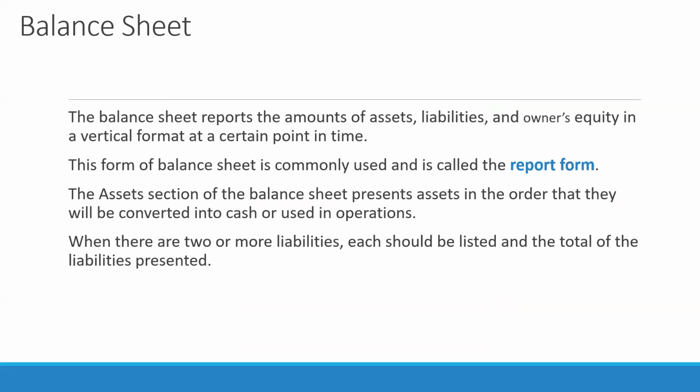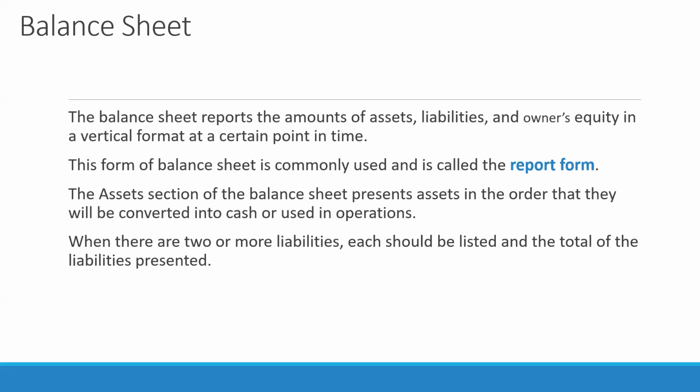The balance sheet has the assets, liabilities, and owner's equity at a certain period of time, and it's shown vertically. The order of the accounts is how quickly these assets can be converted to cash. So the top account on the balance sheet is always cash.